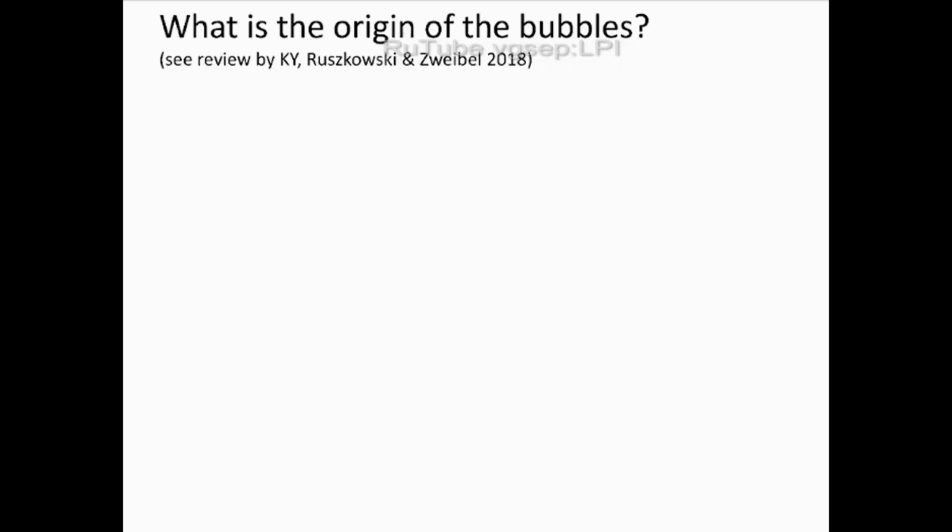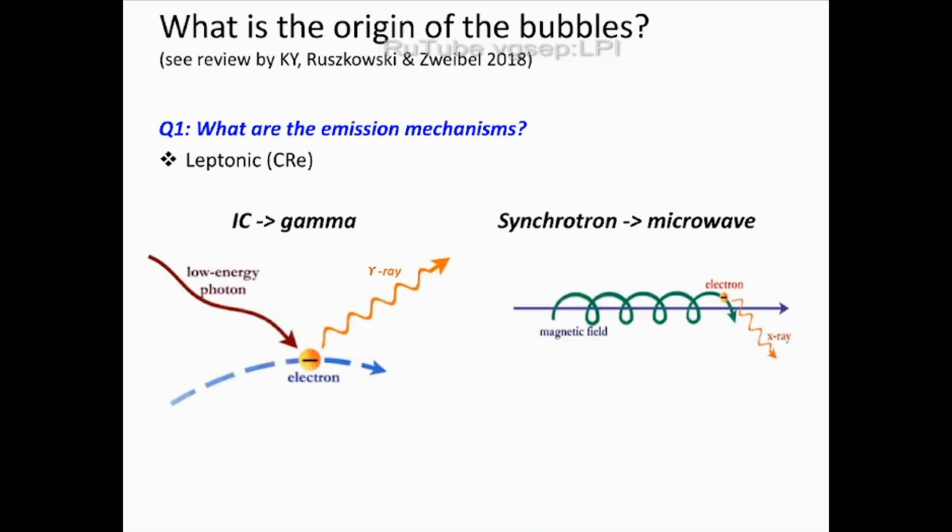Okay, so from the theoretical perspective, people who come up with models to explain the origin of the bubbles are concerned mainly with the following three questions. The first question is, what are the emission mechanisms? It can be either leptonic, where the gamma ray is coming from inverse Compton scattering of the interstellar radiation field by the cosmic electrons.